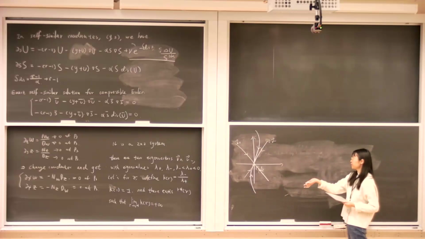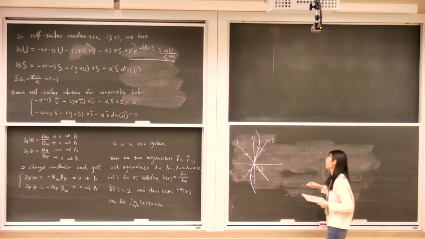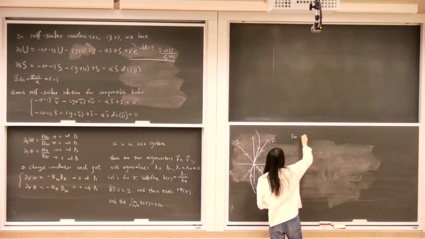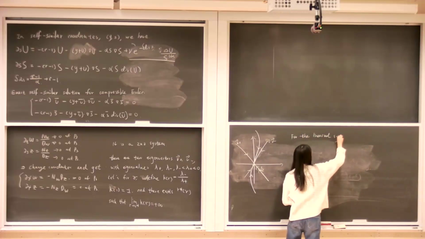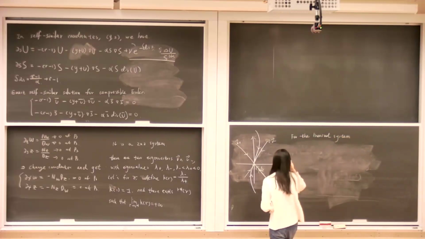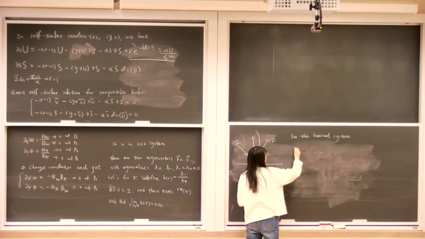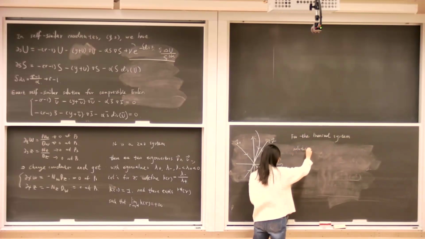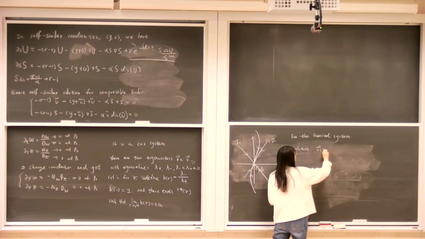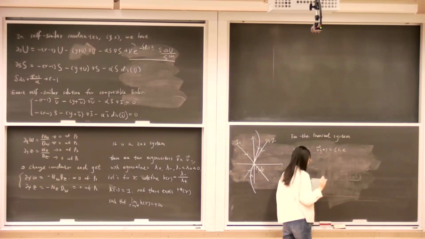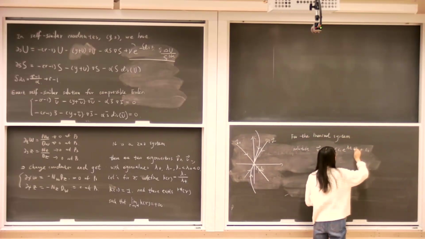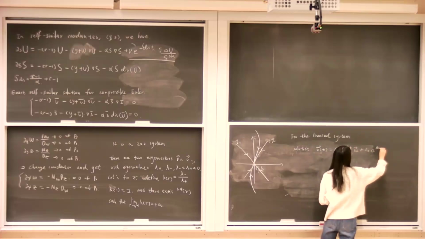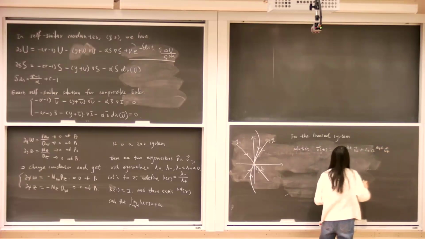This actually depends on the ratio of the eigenvalues. Just for the linearized system, your solution, we call it V(t), is c1 e to the lambda minus t times v minus plus c2 e to the lambda plus t times v plus.